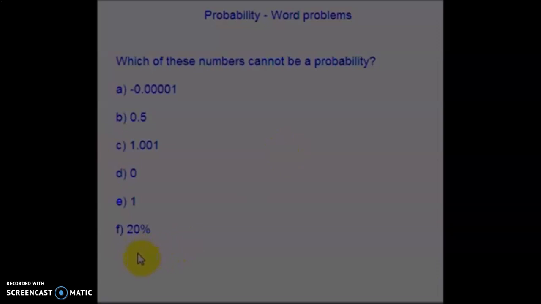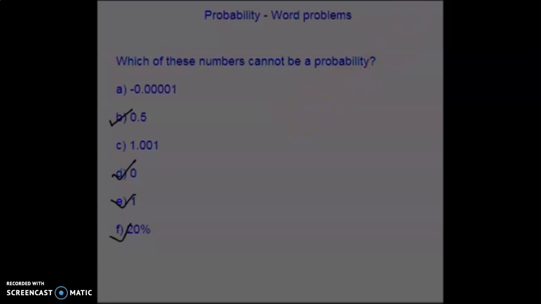And the last one is 20%. I told you that probability can be given in decimals, common fractions, or percentages. So 20% is 20 divided by 100, which is 0.2. So this is also possible. You can see that B, D, E, and F are possible probabilities, while A and C are not.